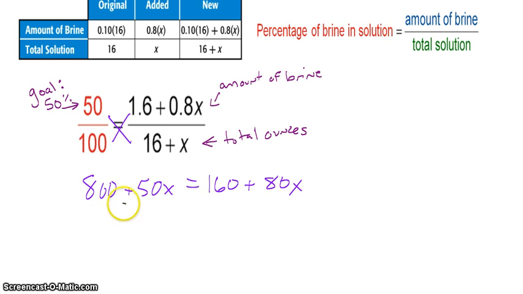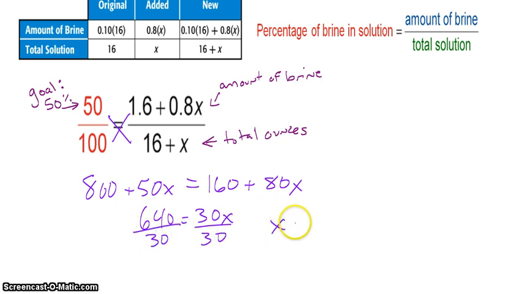So I'm going to move over the 160, move over the 50, so I have 640 equals 30x. At this point I'll divide both sides by 30, and I get 21 and 1/3 ounces. That's how much I need to add to get a solution that is 50% brine. So set up a table, set up your proportion, and then solve for x.